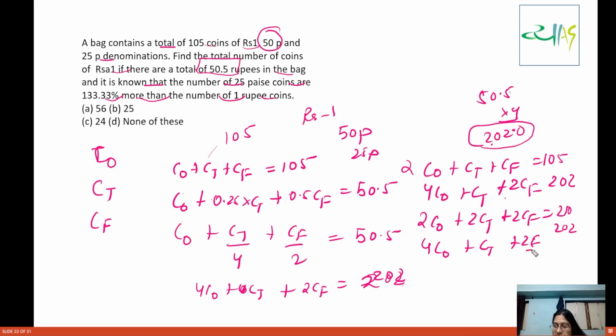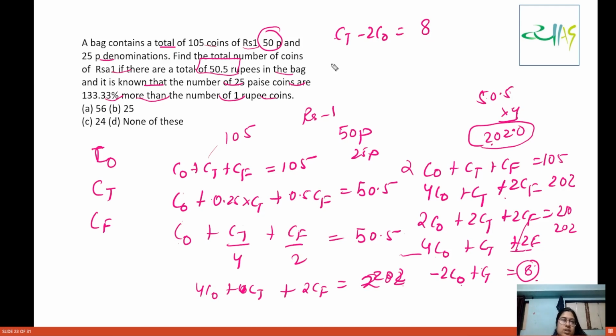Now just subtract this: minus 2CO, minus 2CO plus CT, and this will get cancelled, and this will be equal to 8. So you have CT minus 2CO is equal to 8.